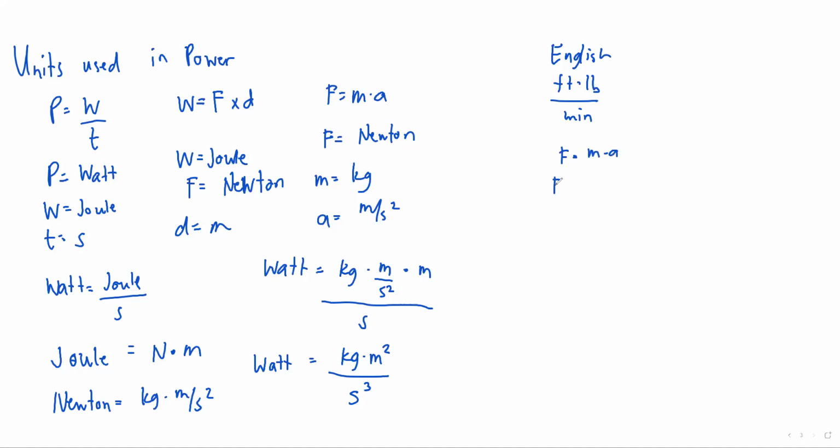In English, F is in pounds, mass is in slugs, and then acceleration is in feet per second squared. Okay? Matik yan. So, always check yung mass nyo if naka-slugs. Kasi kung yung mass nyo is naka-pound mass, of course, magiging pound force ang force nyo.